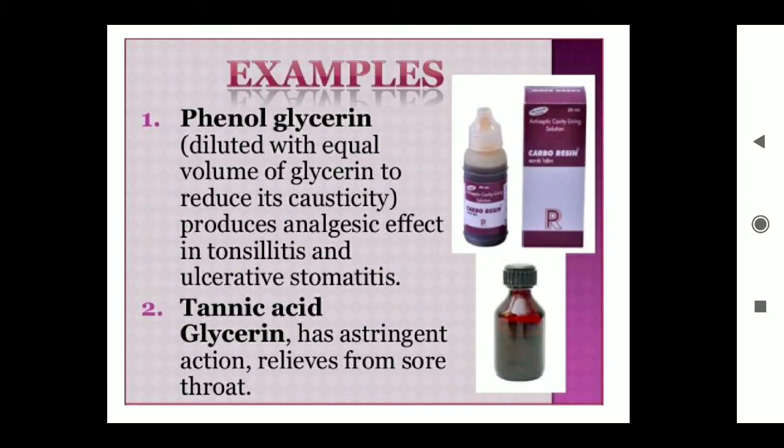Analgesics are agents used to reduce the pain produced in the tonsils. It is also used for ulcerative stomatitis, for pain reduction. Next one, tannic acid glycerin. Tannic acid glycerin produces astringent action and also relieves sore throats.